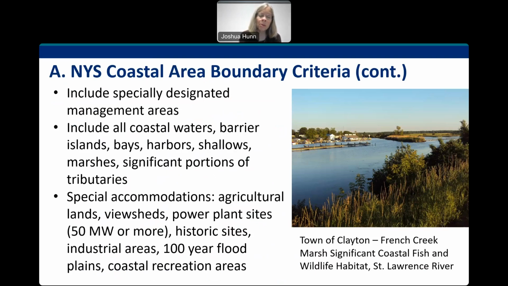So in the coastal management program, it was determined that 50 megawatt plants or more, the larger ones, should be included. Historic sites, industrial areas, and then the FEMA 100-year floodplains and any recreation areas. So then by default, the LWRP boundary should also consider these particular resources. So you should draw it with those areas in mind.